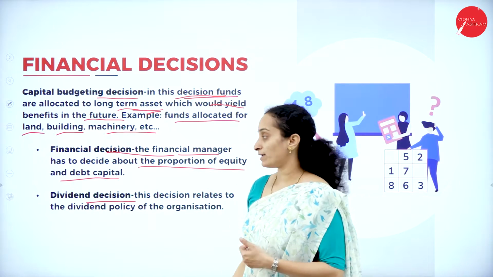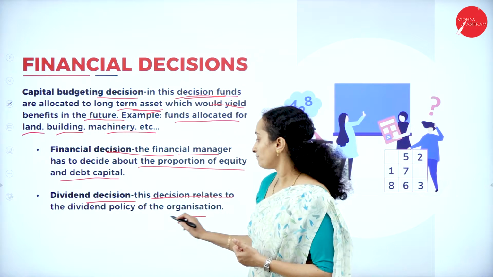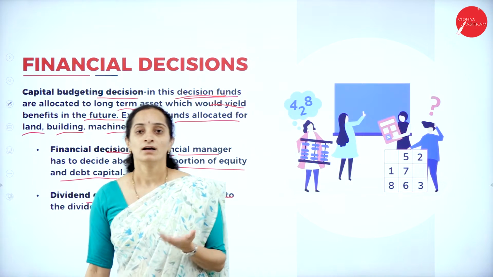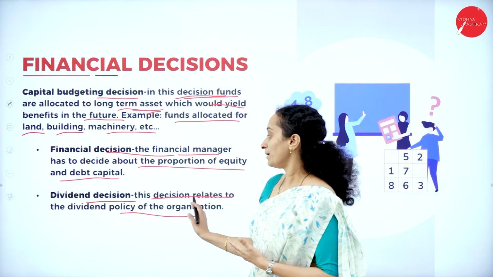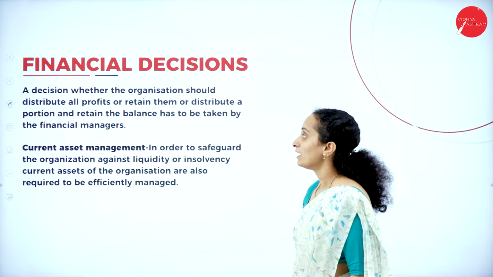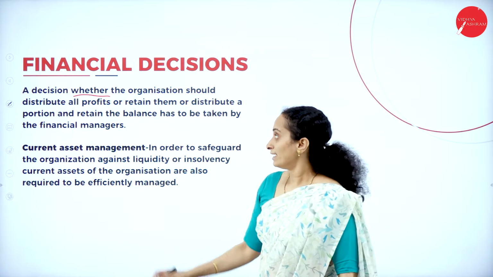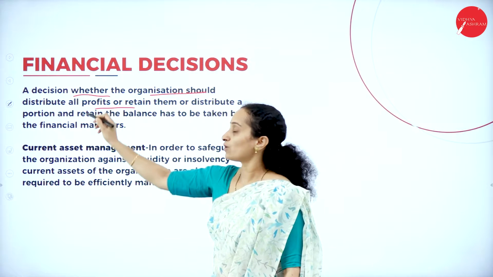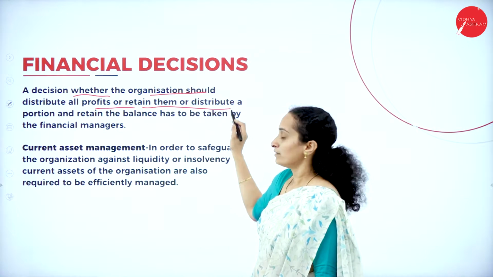And next is the dividend decision. So this decision relates to the dividend policy of the organization. What dividend must be given, and all those dividend related decisions will be taken by the financial manager. The next thing is a decision whether the organization should distribute all profits or gain or retain them.